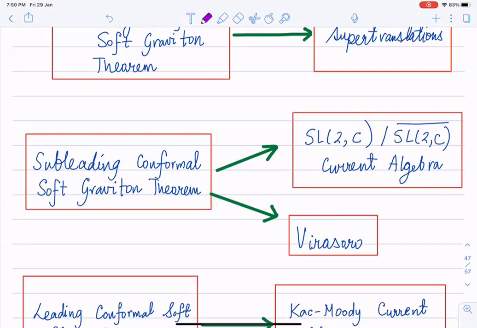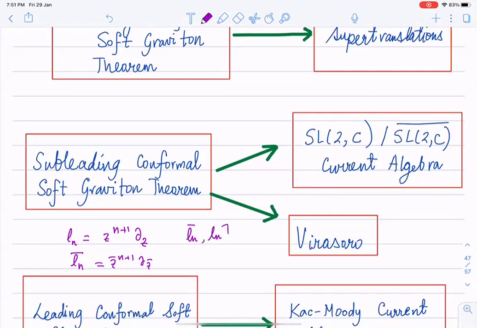For example, if you take L_n, where n is some integer, you can define vector fields of the form z to the power n plus 1 del z. You can similarly define L bar n as z bar to the n plus 1 del z bar. If you compute the algebra of these vector fields, that gives you the standard Witt algebra.